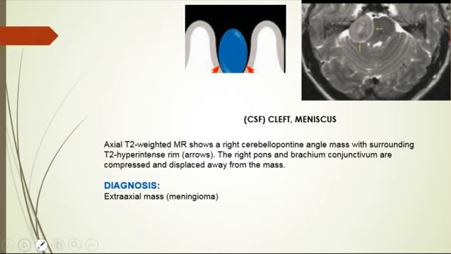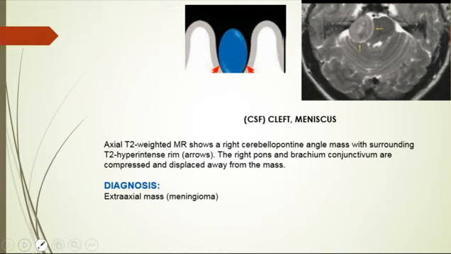The classic differential for lesions of the cerebellopontine angle includes what? Meningioma, schwannoma, ependymoma, astrocytoma, metastasis, lipoma, epidermoid, and arachnoid cyst. Most of them are schwannoma, meningioma, and epidermoid.